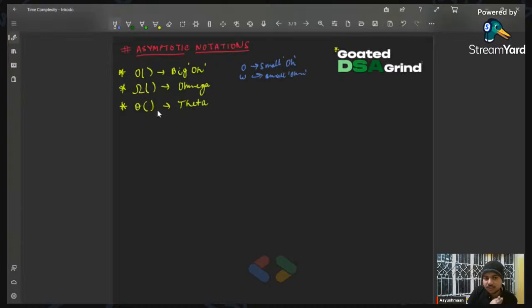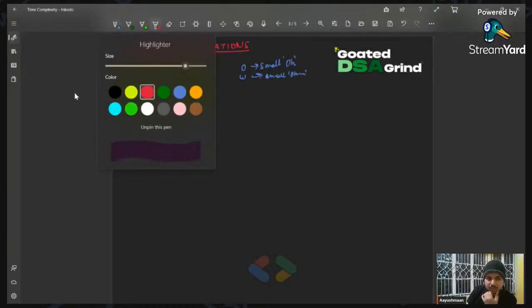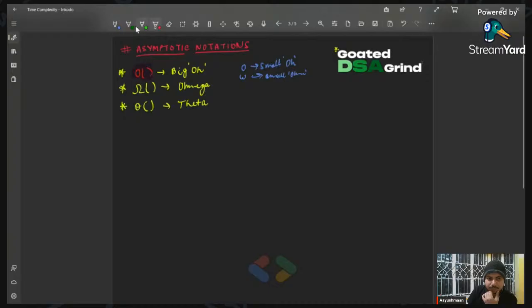I think it does not exist. But I have seen people writing that there is a small theta notation, which somewhat doesn't make sense, but it's fine. We are only concerned about these three, and you'll see we are mostly concerned about this particular one. Okay, big O notation. Now let's carry on with what these are.